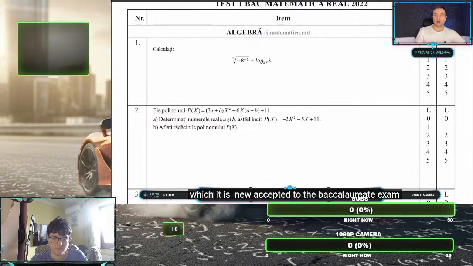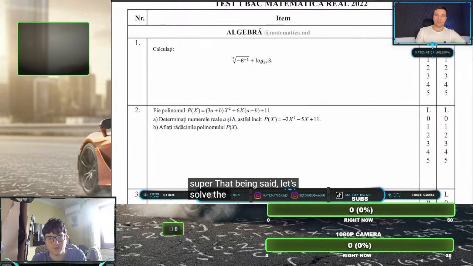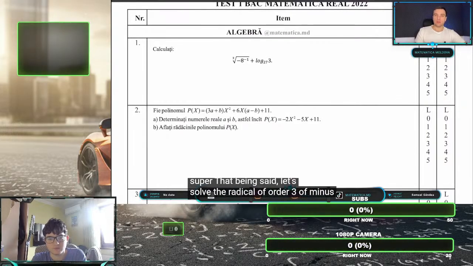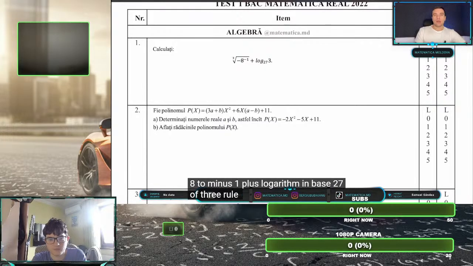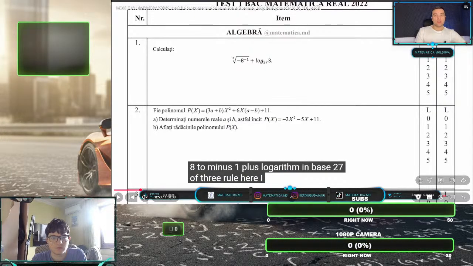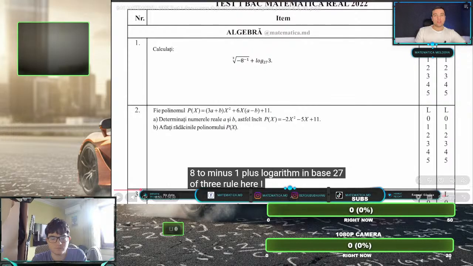So start off with the first exercise. Well, I think it's not that hard.